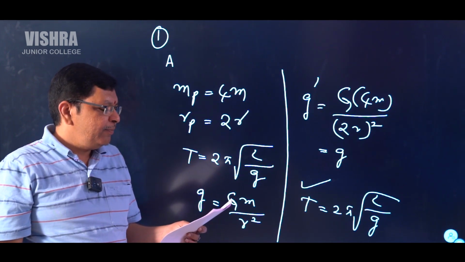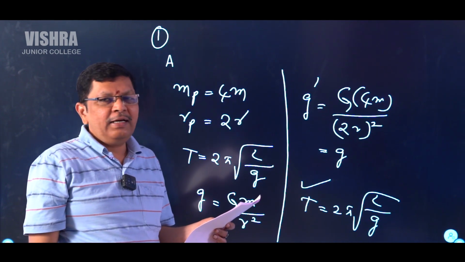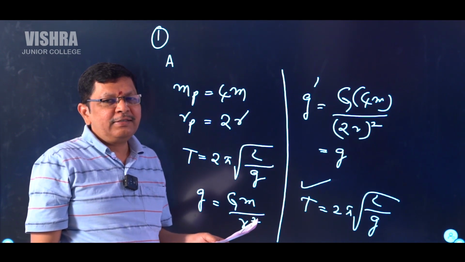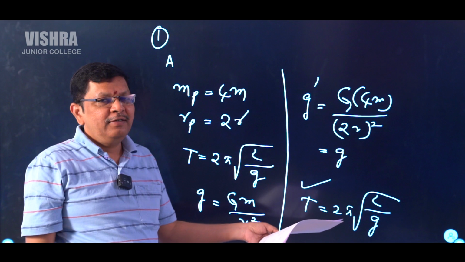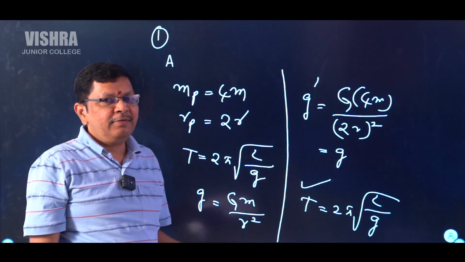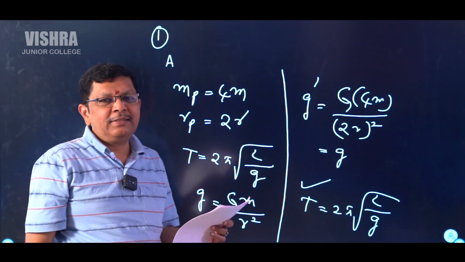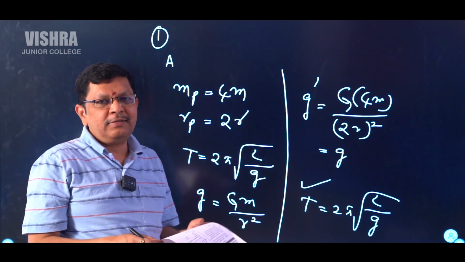The statement that the time period remains constant for a simple pendulum on Earth and any other planet is not possible. It varies when g varies or when the length of the pendulum varies. So the second statement is incorrect. So the assertion is correct, the reason is false.